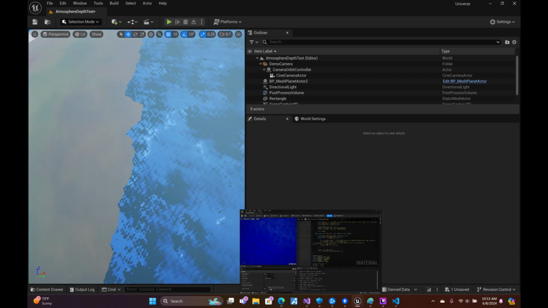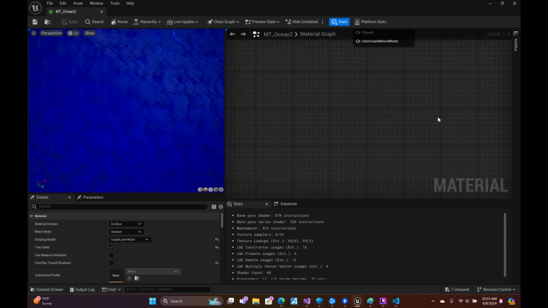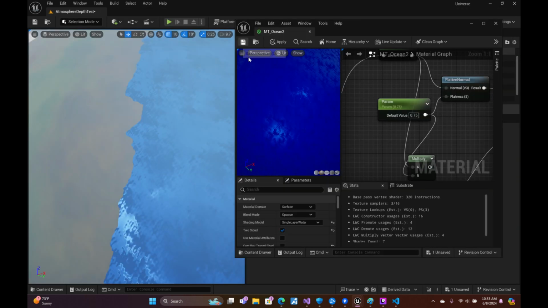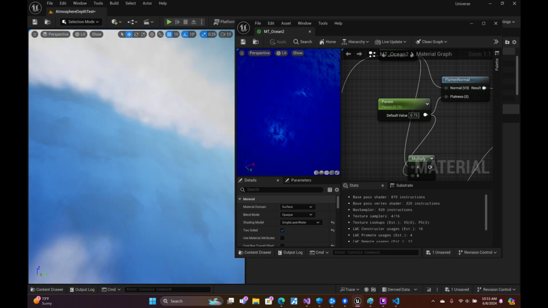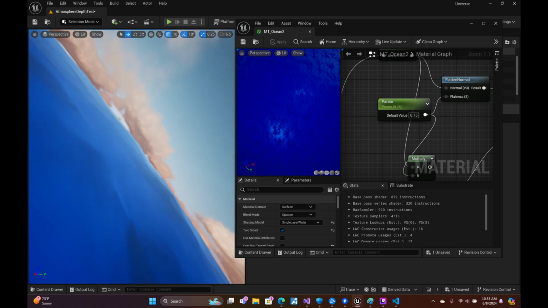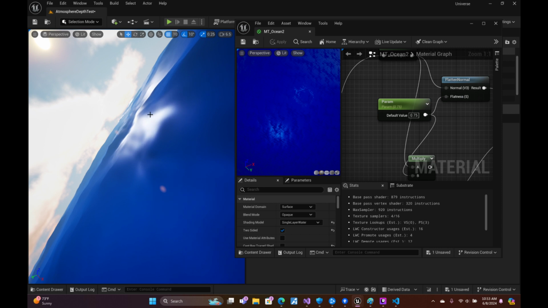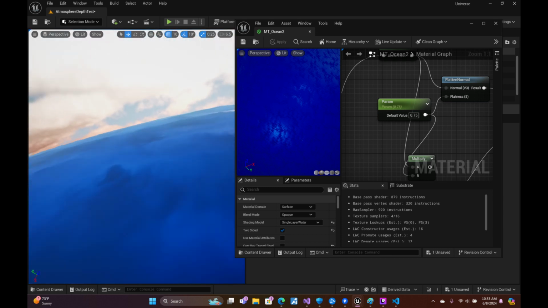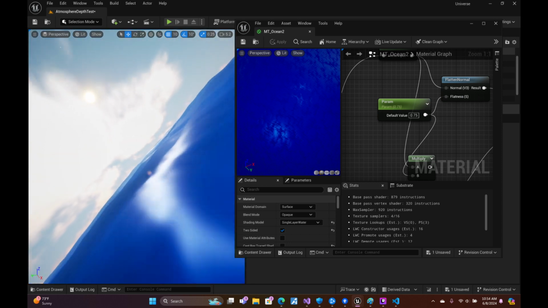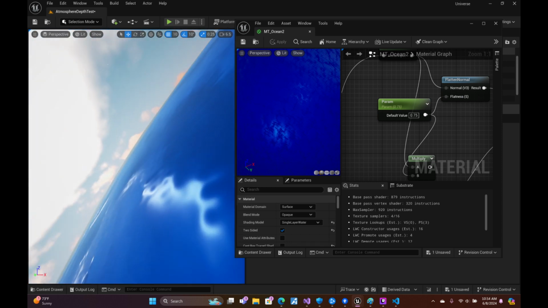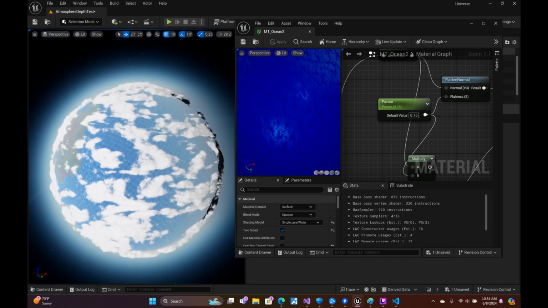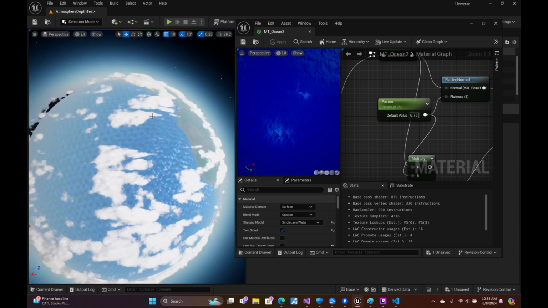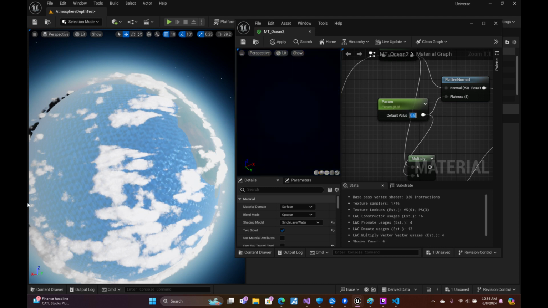Let's flatten that normal a bit. 0.75. Starting to look pretty good. 0.8, 0.9.